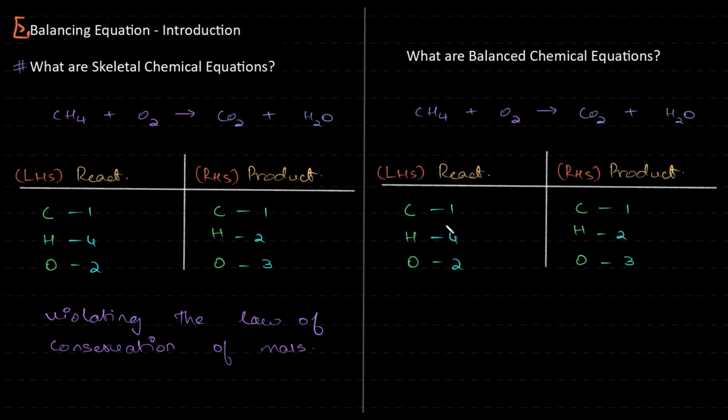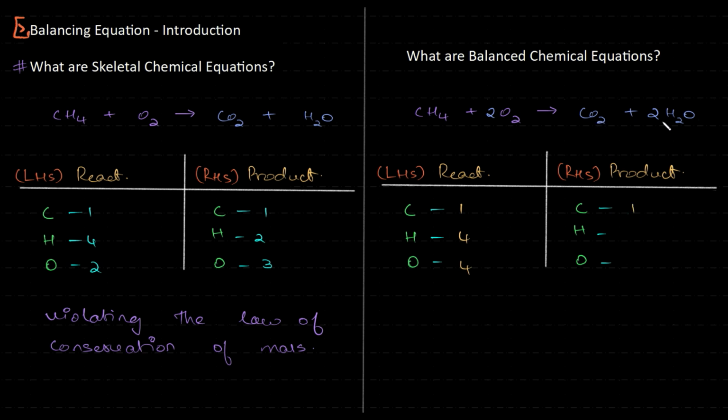This is known as balancing. If I make this 2 and if I make this 2 over here, it becomes a balanced equation. Let's analyze this. Carbon, there is 1. Hydrogen, there is 4. And oxygen, there is 4. On the right hand side, carbon, there is 1.